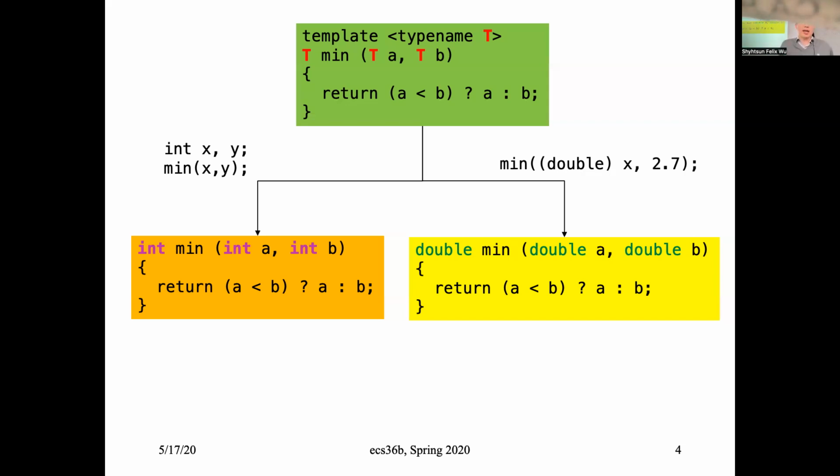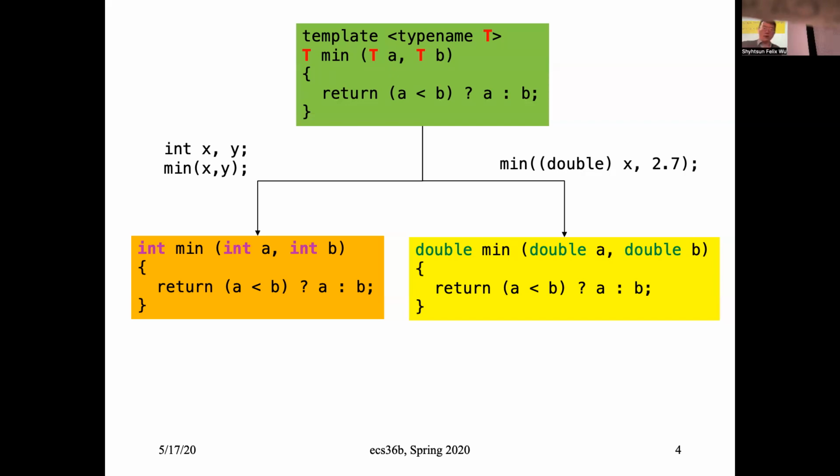In this case, I only need one type, which I call type name T. The T is going to be replaced by this particular type. So you have the capital T here. This is the function name, minima, and then the type of the A variable is T, the B variable is also T, and then you can return whatever you want. Essentially, you just define the type. You can see that everything else is the same except the type.